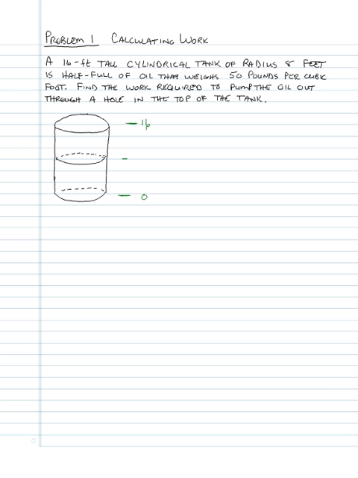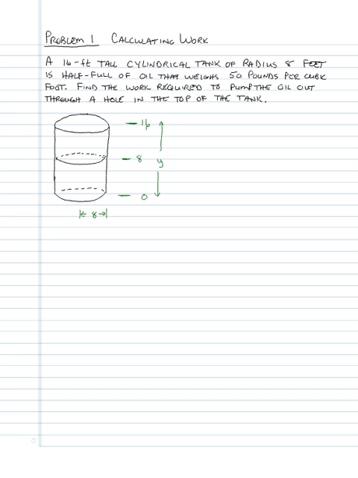Now this level of the oil that we have in here is at the 8-foot level. And I'm thinking of measuring this as a y value. Really it is not special, I could name it by x. And we know that the radius of this tank is 8 feet. So along here, we have an 8-foot radius. Now, of course, that means the diameter of the tank is 16 feet, as we know.